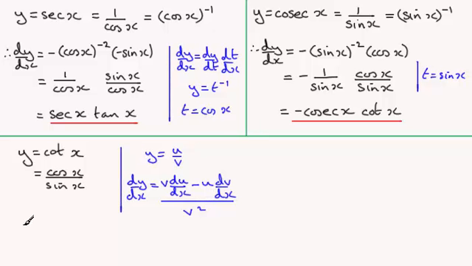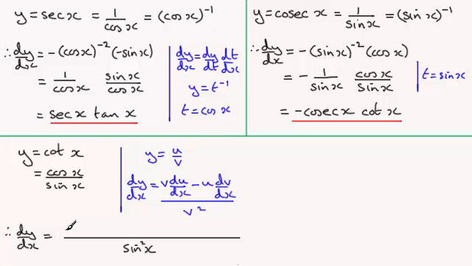So when it comes to differentiating this, we've therefore got dy by dx equals, and I'll just draw a division line here first of all. What we've got then is the denominator squared, so that's going to be sine x all squared, or I could write that as sine squared x. And then you've got the denominator times the differential of the numerator.